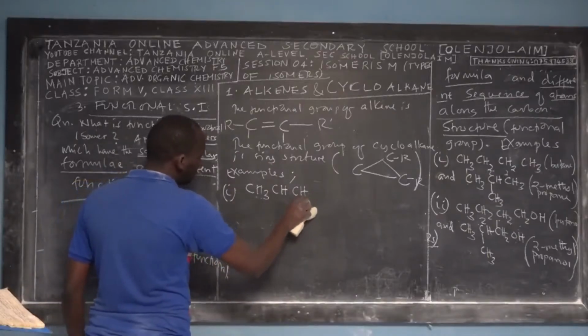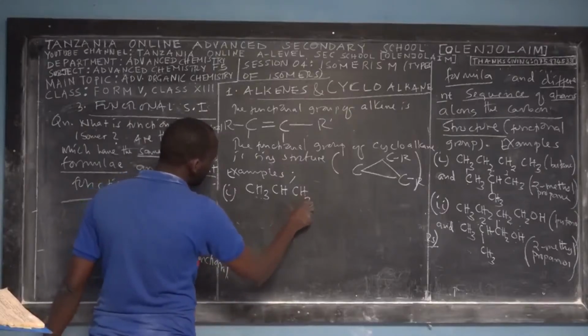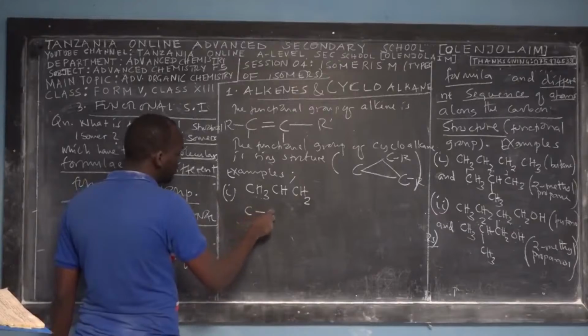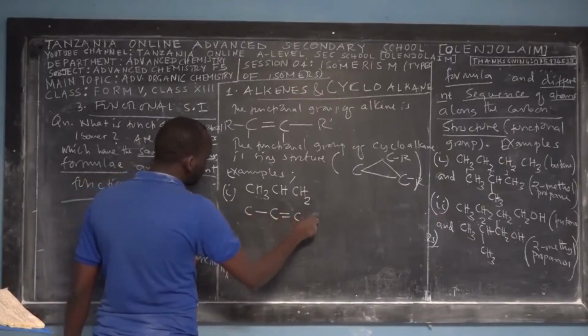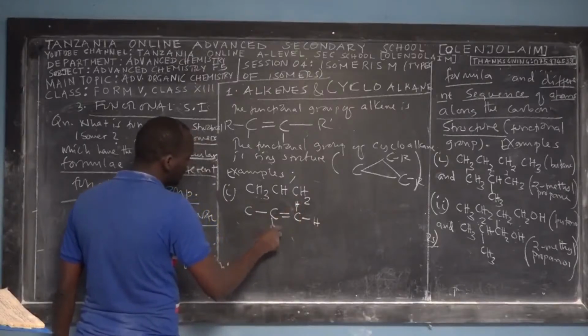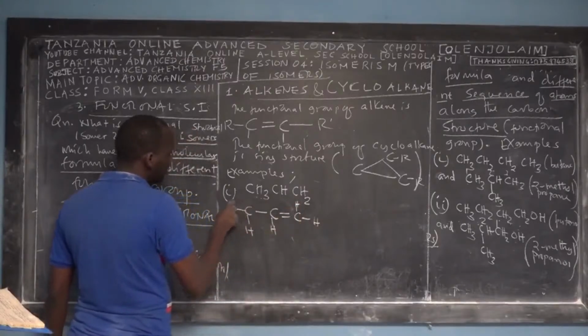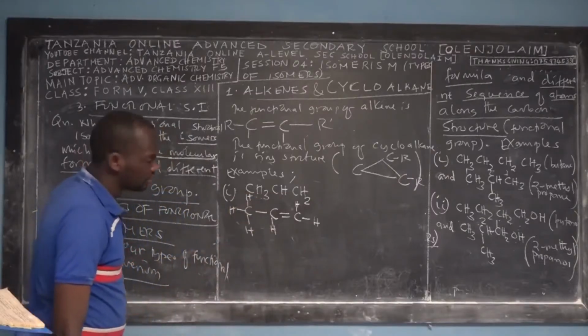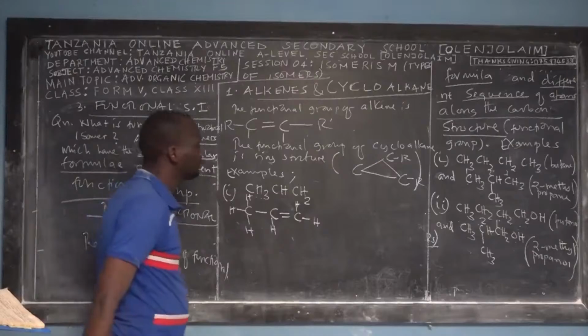These are not 3 hydrogens, these are 2 hydrogens. If you write the open structure, it's carbon, carbon, with hydrogens, bonds balanced. So this is the functional group that we are seeing.